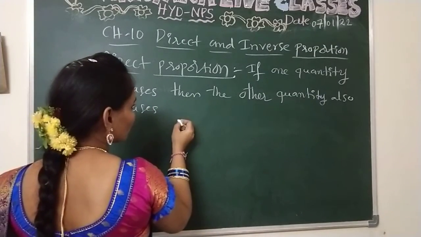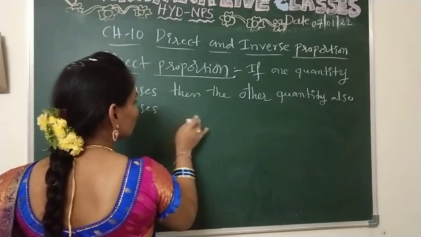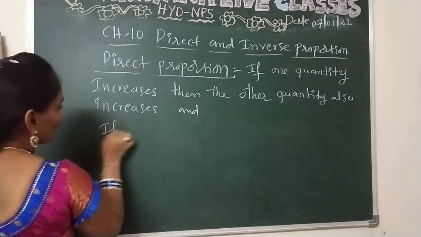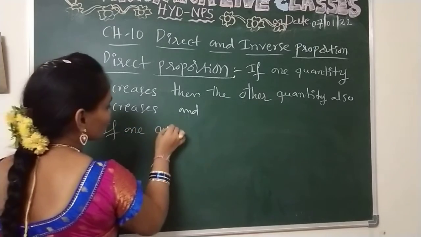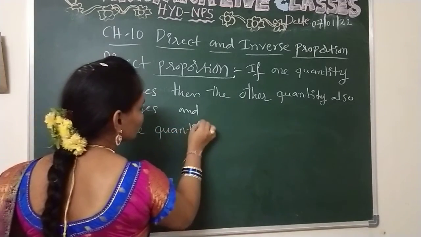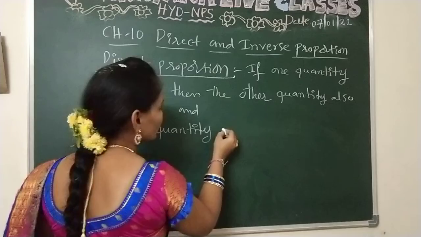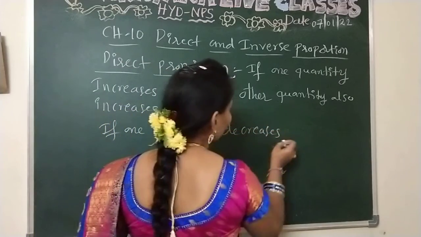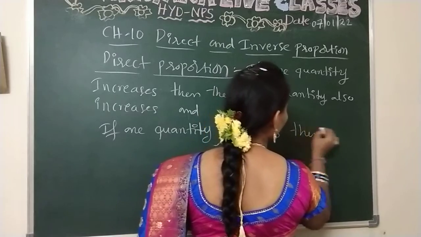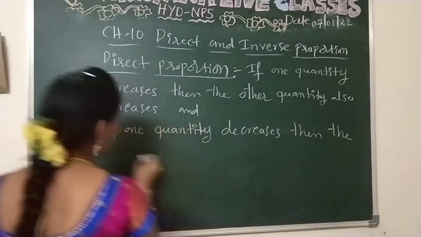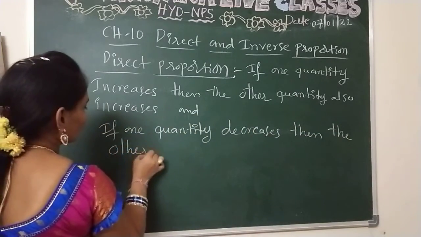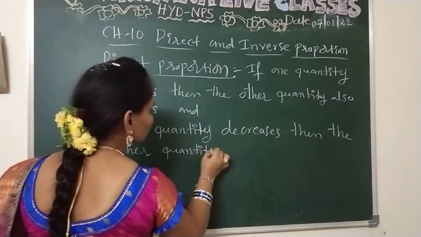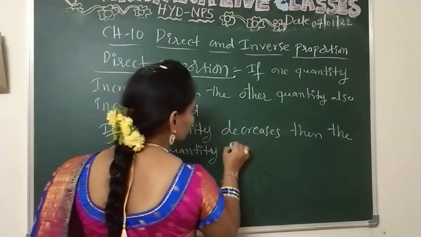Okay, this is direct proportion. Next, one more: if one quantity decreases, then the other quantity will decrease.